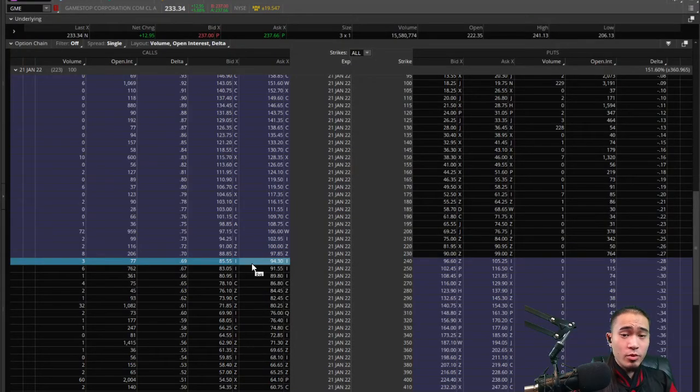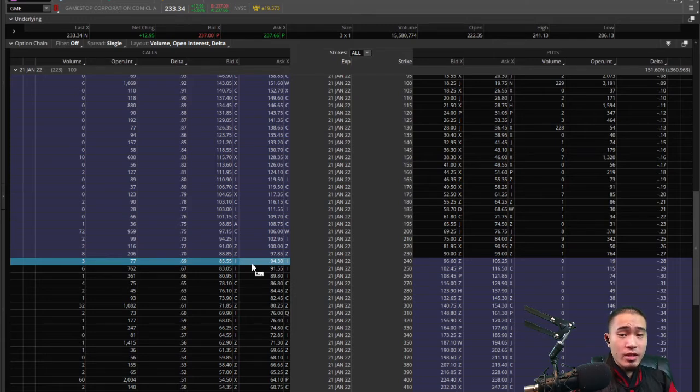So, for example, let's say that you think that GME is going to $240 by January 21st, 2022. Now, GME is currently trading at $233. It would cost $23,300 to buy 100 shares of GME.